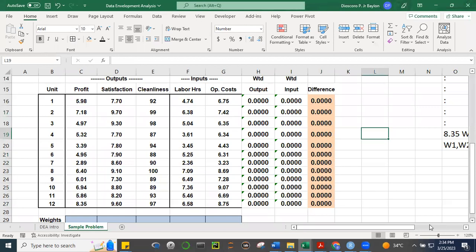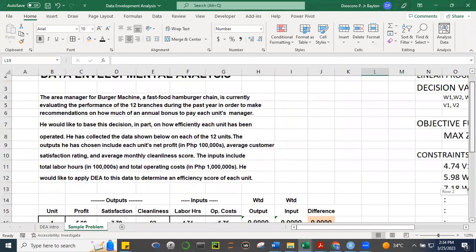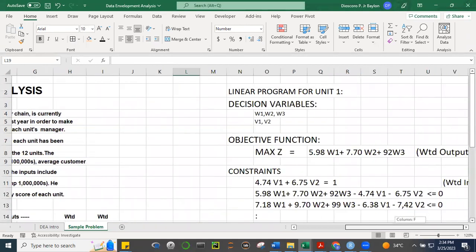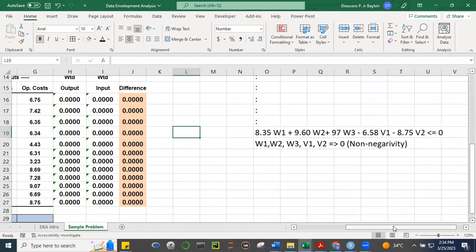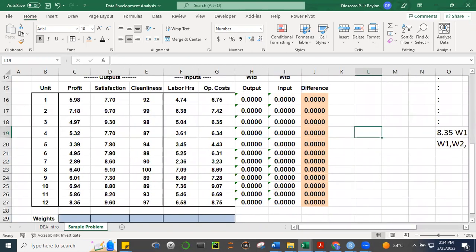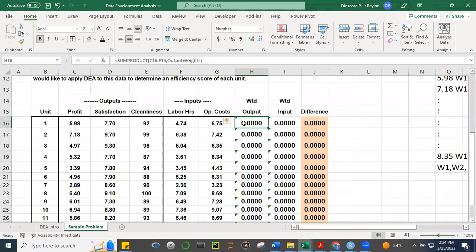Okay, and then we have our decision variables. We have our objective function. What's our objective function? The weighted output for unit number 1. It's this one, right? This is our weighted output for unit 1. This is our objective function.